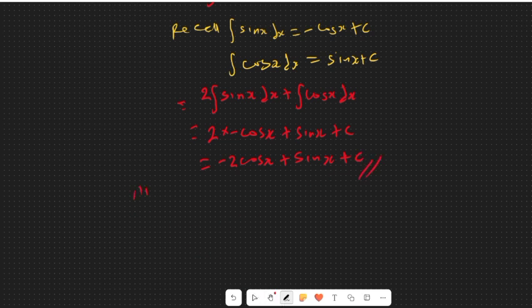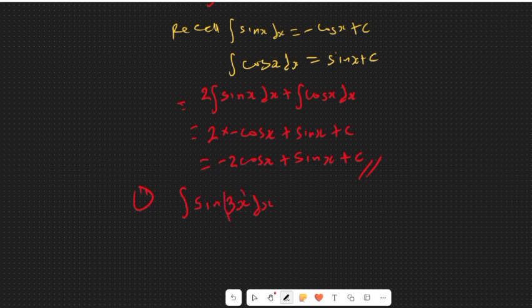Now let's have another example. Let's say you have to find the integral of sine 3x dx.